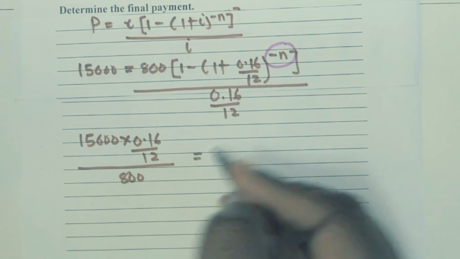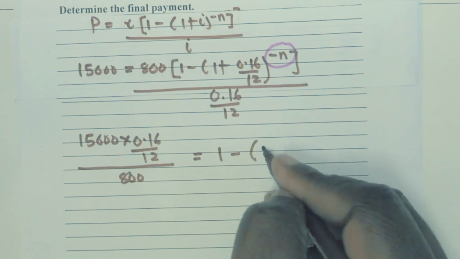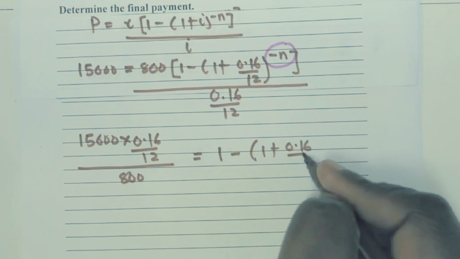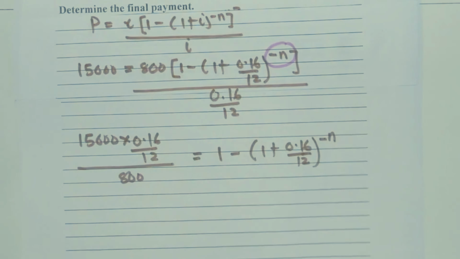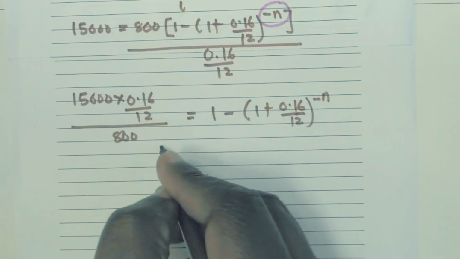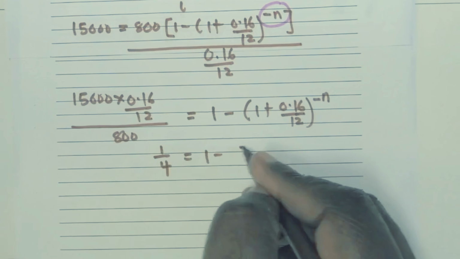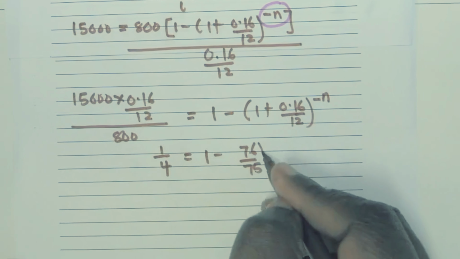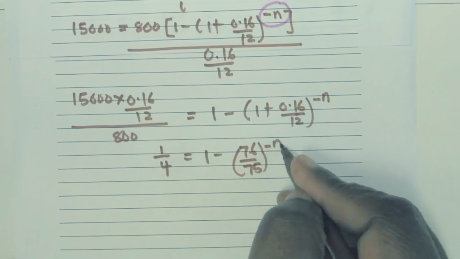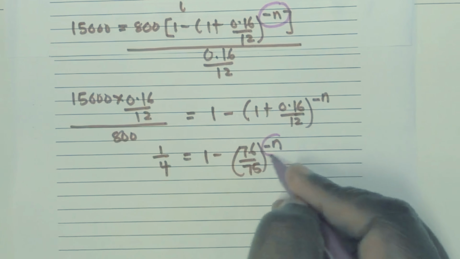and on the other side, I'm going to be left with, if I simplify further, I'm going to get, and remember in this question, we need to isolate this part here.